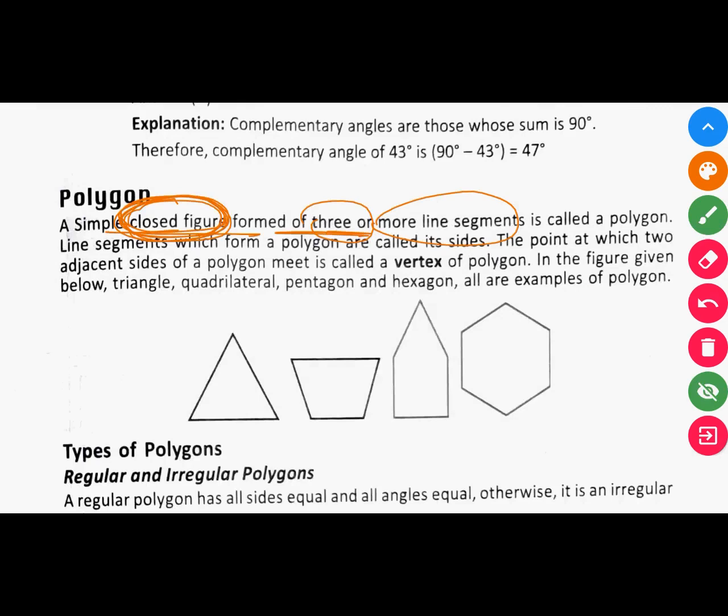Meaning from triangle onwards, everything is a polygon, like triangle, square, rectangle, pentagon, hexagon, octagon, everything is a polygon. Means polygon is a grandfather.